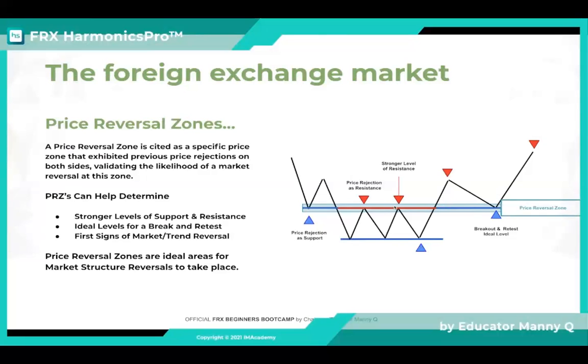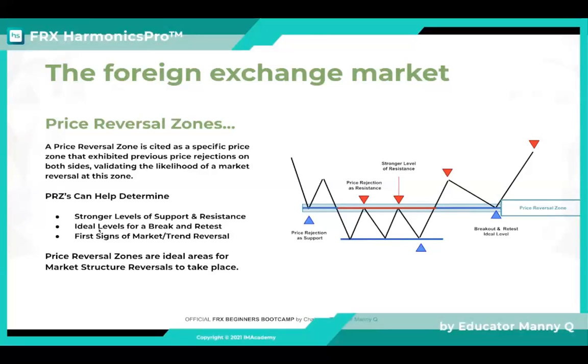It's considered a price reversal zone because there were previous price rejections on both sides of that price level. This is extremely key to finding good levels in the market. So this helps create stronger levels of resistance and support, which will give you more confidence to trade off of those levels.